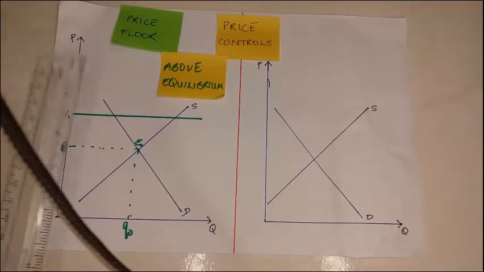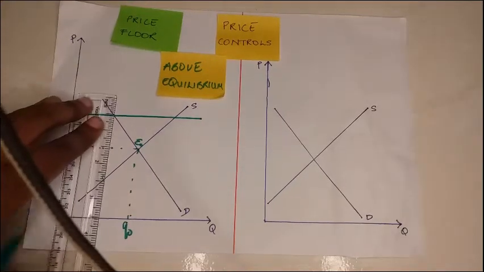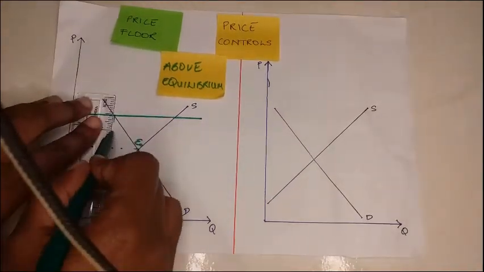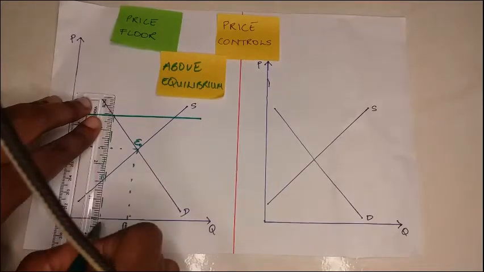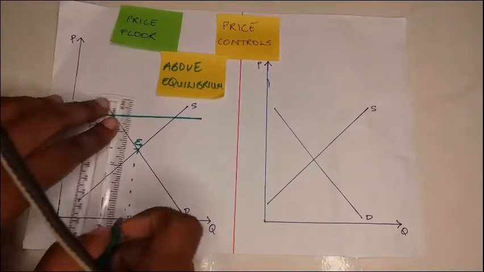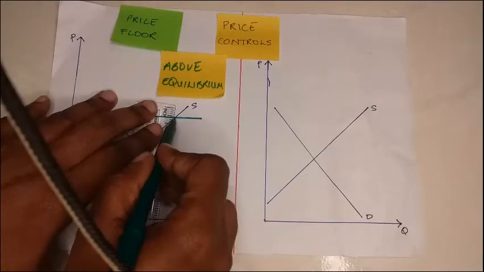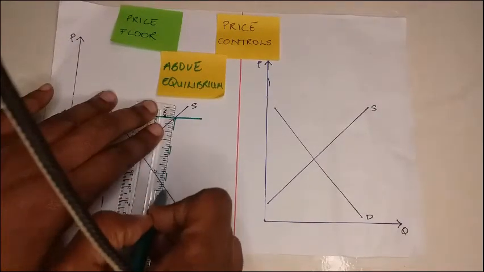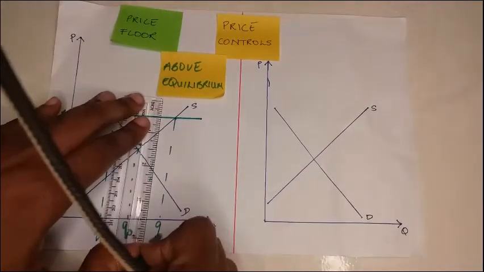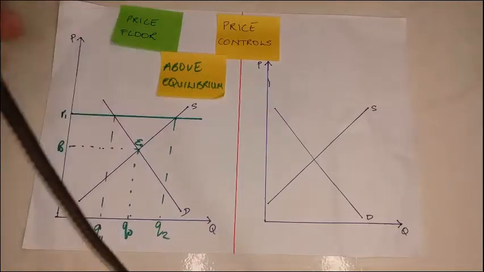When you have a price floor, this would be our quantity demanded. We can call this Q1, and our quantity supplied, we can call this Q2. And so our quantity supplied is greater than quantity demanded, and we would have a surplus.